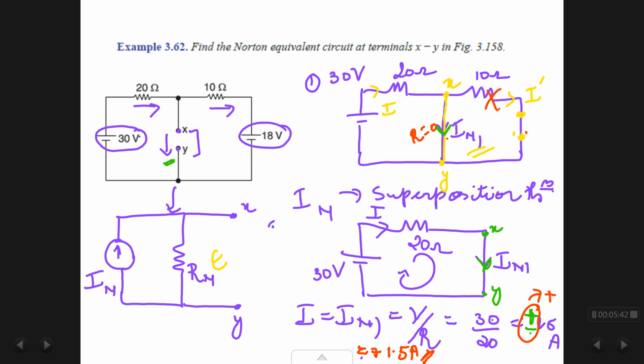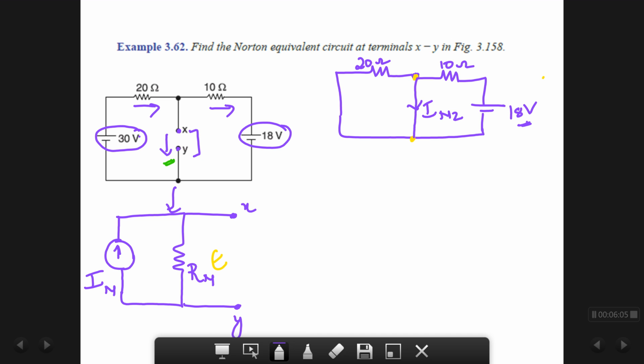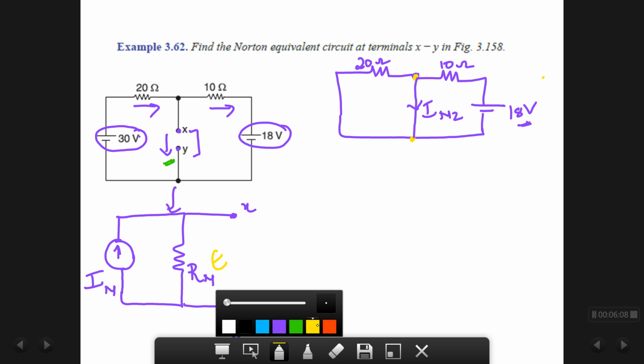Next, I have to find the current in the same terminals x and y with the second source already present in my circuit. That we will see now. Now, we are going to find the current in this short just considering my 18 volts source. So what I've done now is I've kept the 18 volt source, and the first source, which was 30 volts, I have removed it.